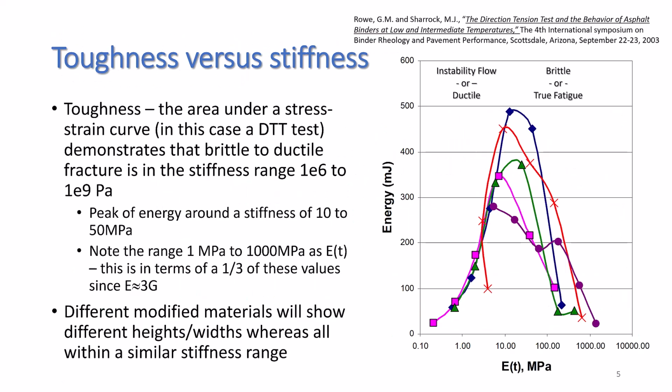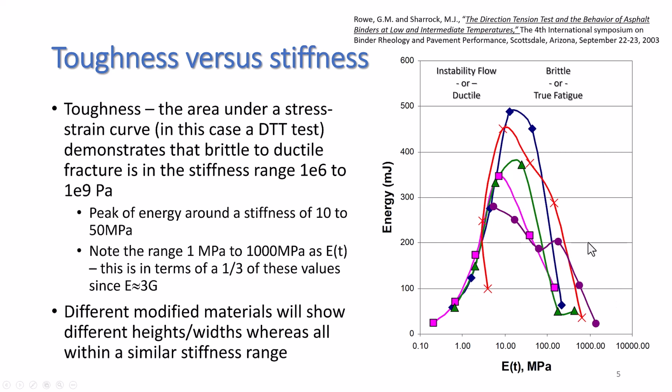Now, if we look at the stiffness of the material and we think about how the material fractures, we can take a plot that looks like this. This is data from a direct tension test, and what we've done here is taken the energy as being the area under the stress strain curve, and we've plotted that area under the stress strain curve against the relaxation modulus that represents the time of failure.